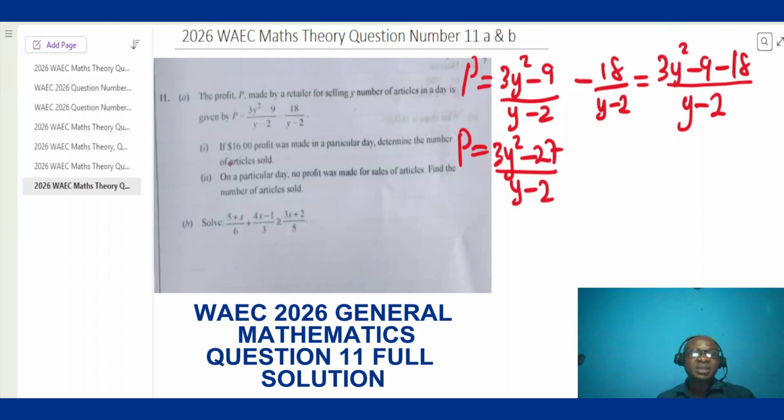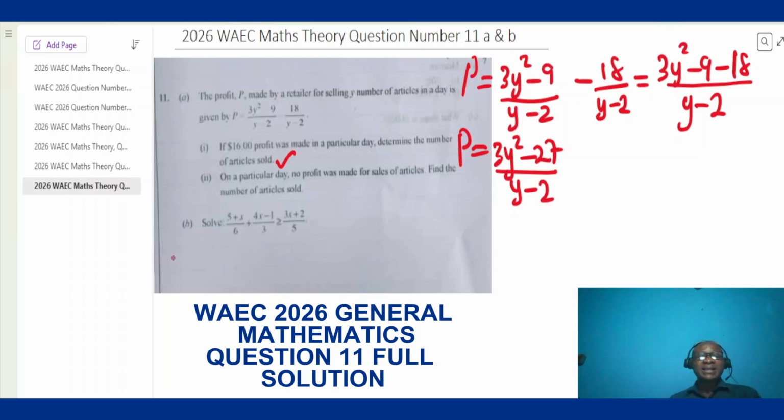Question I. If a $16 profit was made in a particular day, determine the number of articles sold. Remember, y represents the number of articles sold. Therefore, if the value of the profit made is $16, how do we find the actual value of the number of items sold?